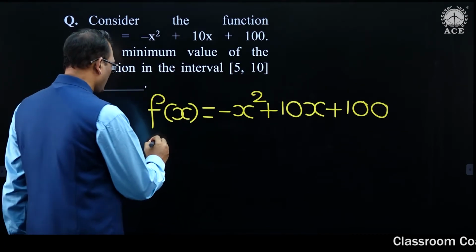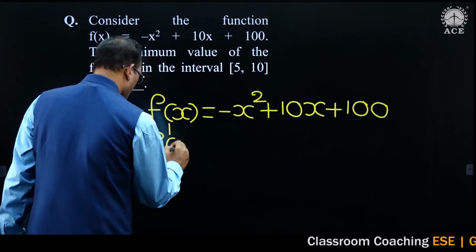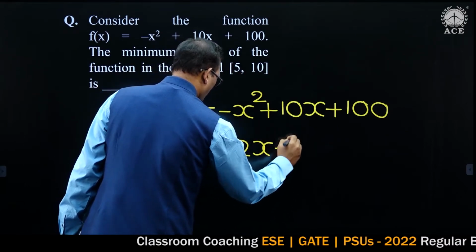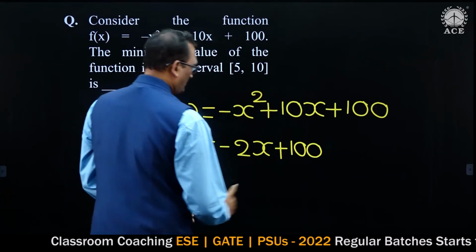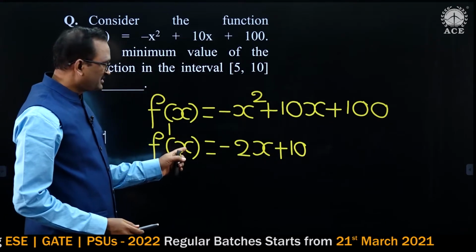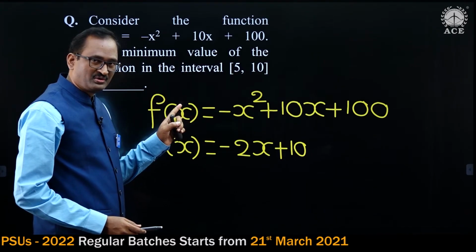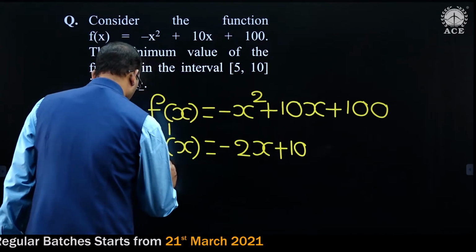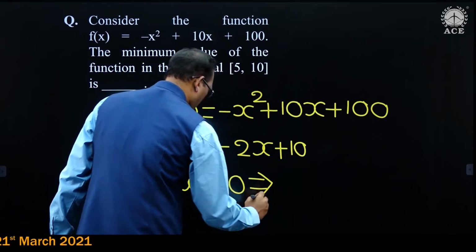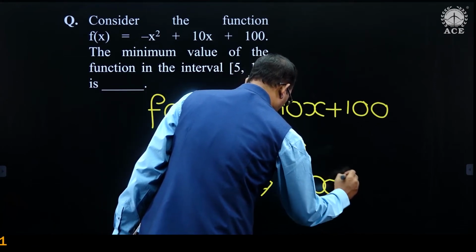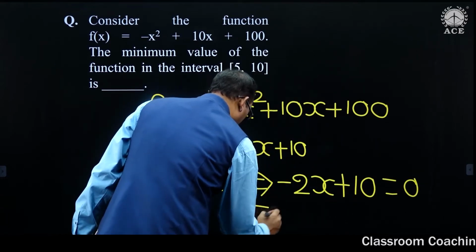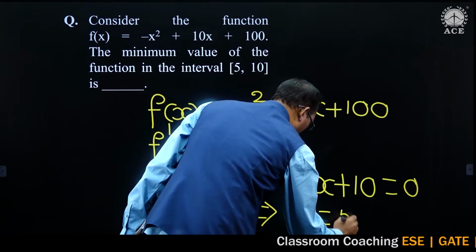To get the stationary point, differentiate this function with respect to x. Then it is minus 2x plus 10. So f dash x must be equated to 0 in order to get a stationary point. Minus 2x plus 10 is equal to 0. From this, x is equal to 5.